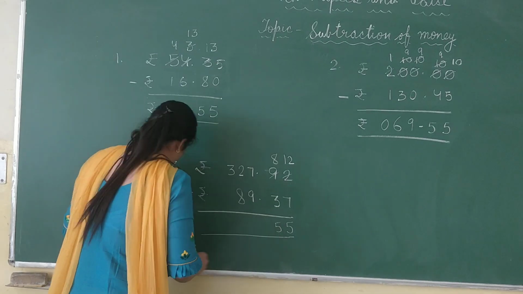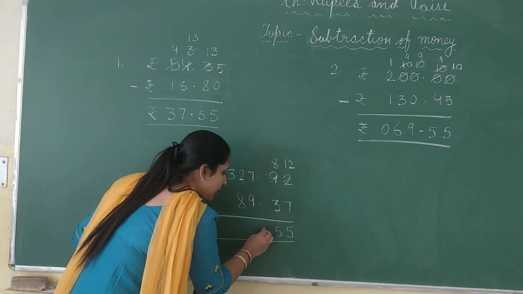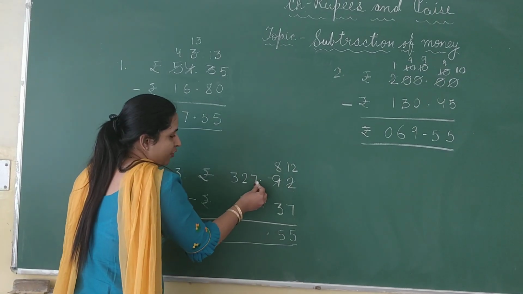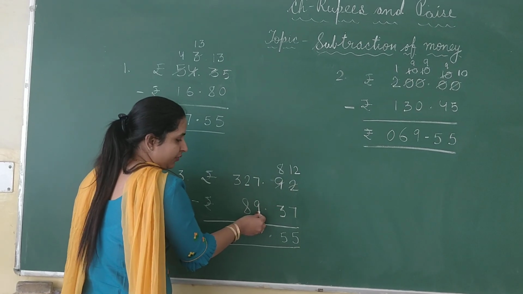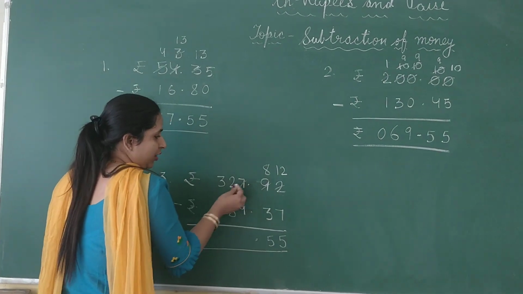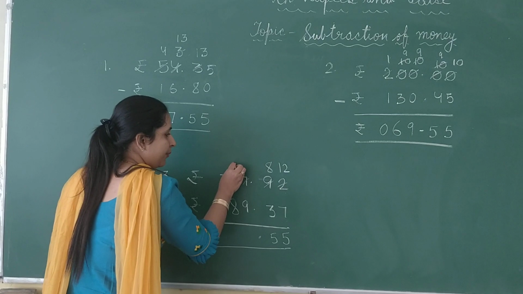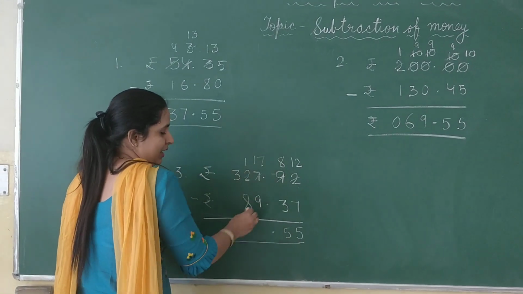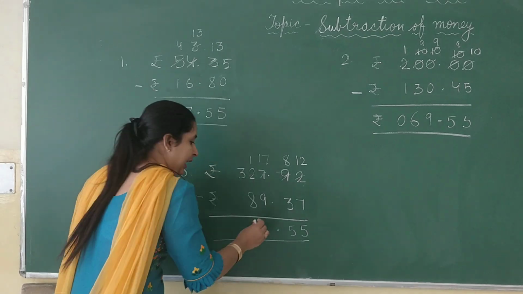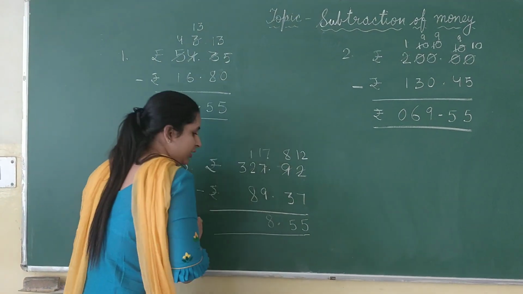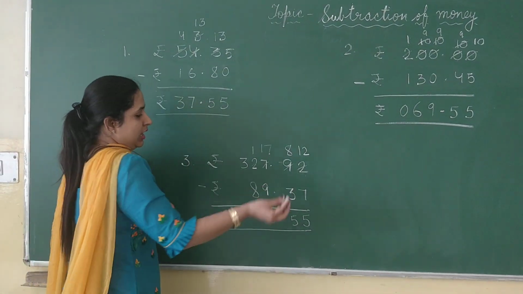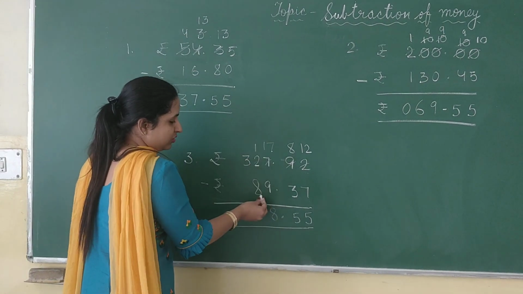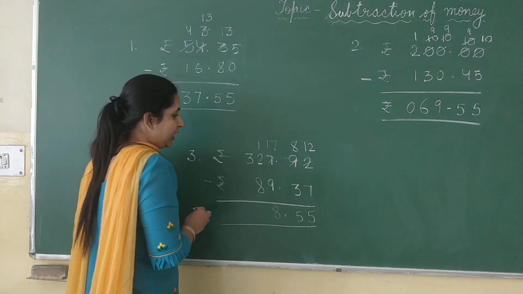Now we have the point here. Then from 7 we have to subtract 9. We cannot. So 7 will take a borrow from 2. 2 will become 1 and 7 will become 17. So 17 minus 9 is 8. We count carefully. The answer is 8. Then from 1 you have to subtract 8. Again we cannot.